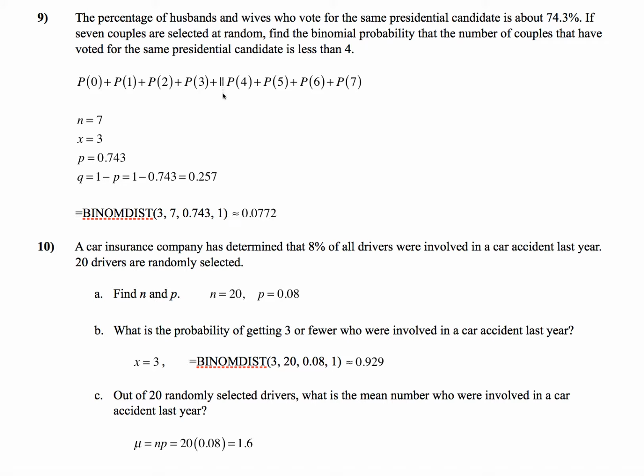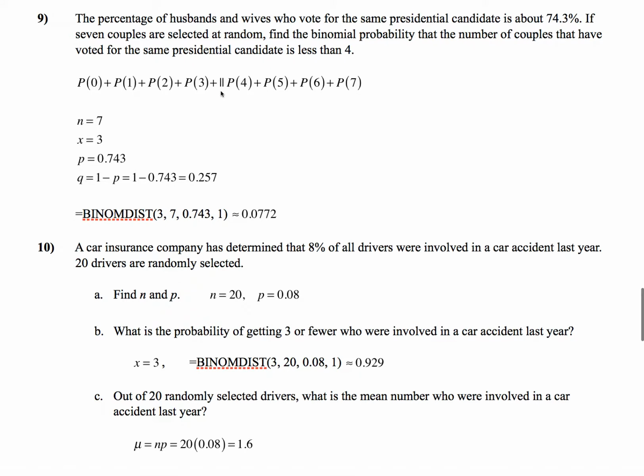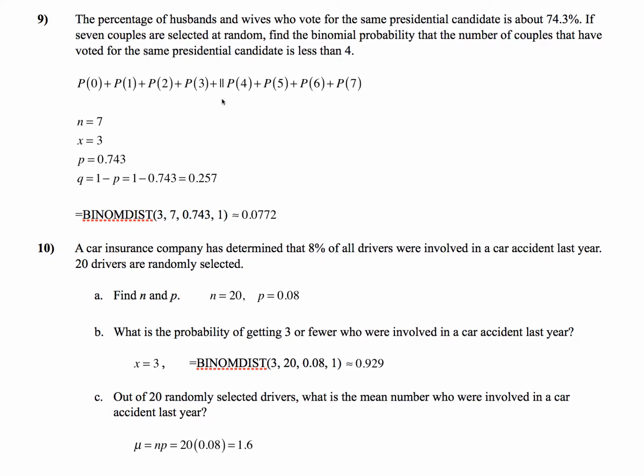So I put this double stripe right here to show this is where we're cutting this list of probabilities off. And so that means that just to the left of that, the probability in question is the probability of 3 successes, and so that means that x is 3 when we enter this into Excel or a TI calculator.